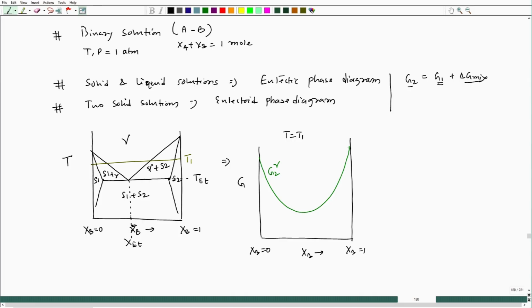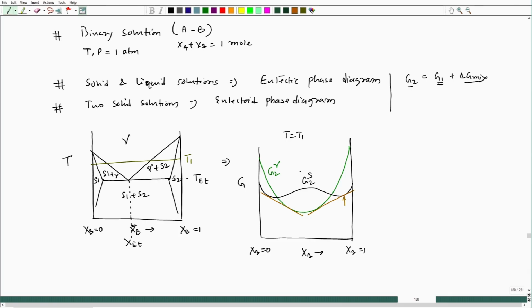Now, this is G2 of gamma. Now, let me put G2 of solid. I can put it like this, this is G2 of solid, and we can have common tangents. One common tangent will be passing through like this, another common tangent will be passing through like this.